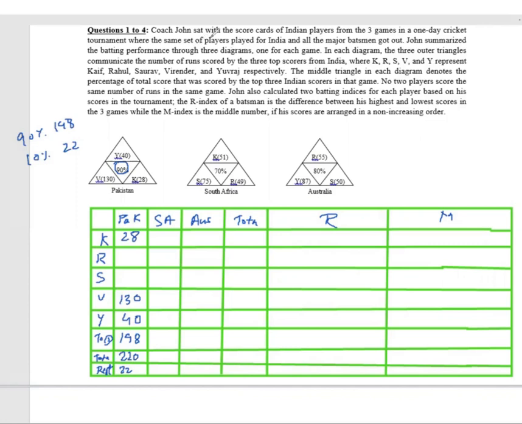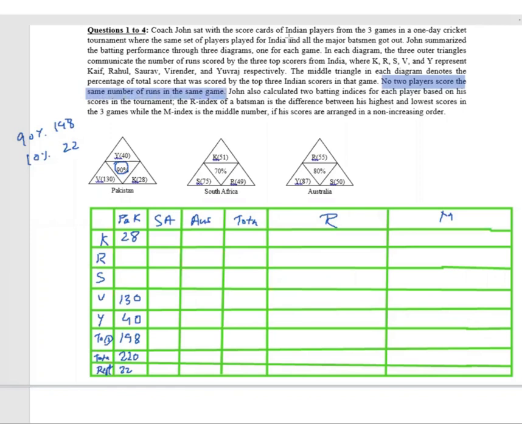So this 22 is all the rest of the members' score. Very important information: no 2 players score the same number of runs in the same game.